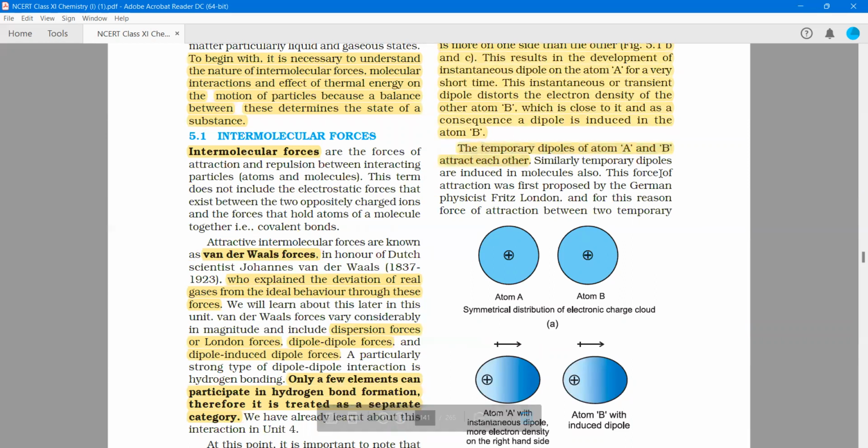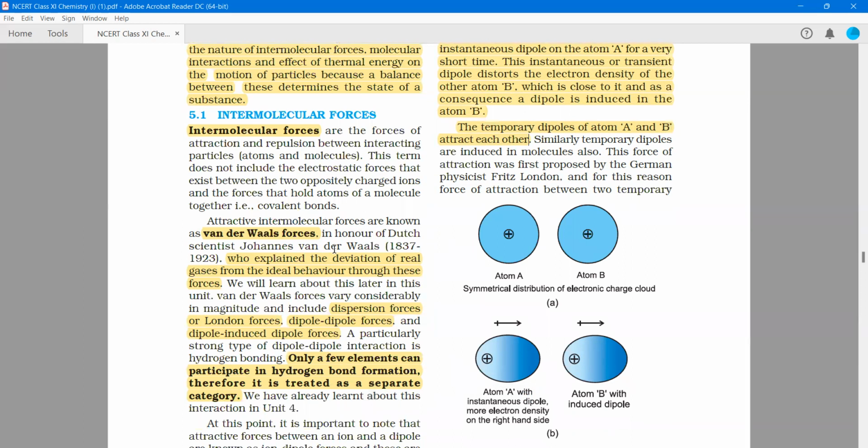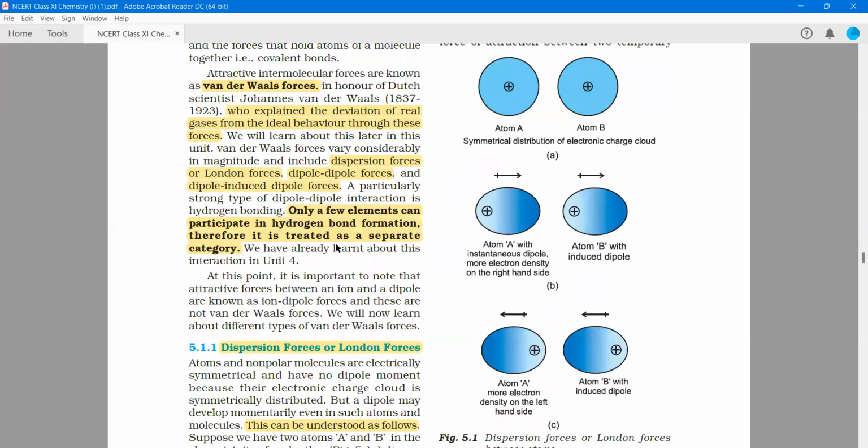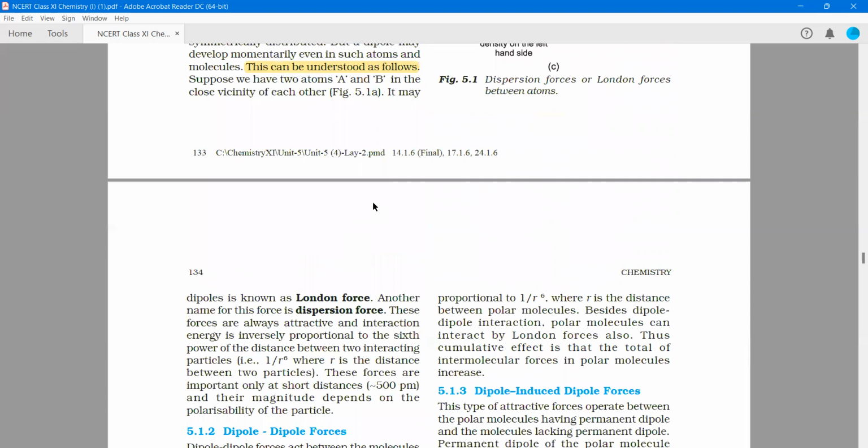Similarly, temporary dipoles are induced in molecules also. This force of attraction was first proposed by the German physicist Fritz London, hence the name London forces. The force of attraction between two temporary dipoles is known as London force. Another name for this force is dispersion force.